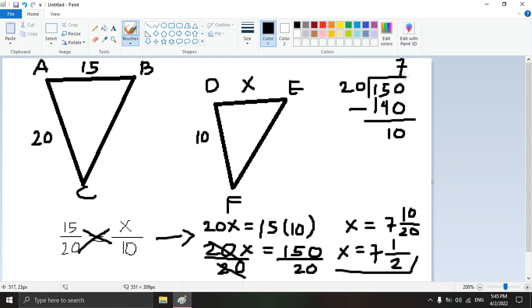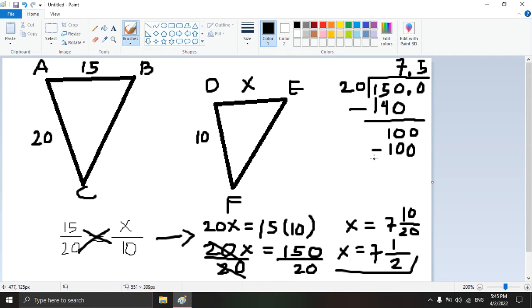So let's continue with 150 divided by 20. We go back here. The remainder is 10. So let's put a decimal point, then 10. Then we bring down the 0. 100 divided by 20 is 5. 5 times 20 is 100.